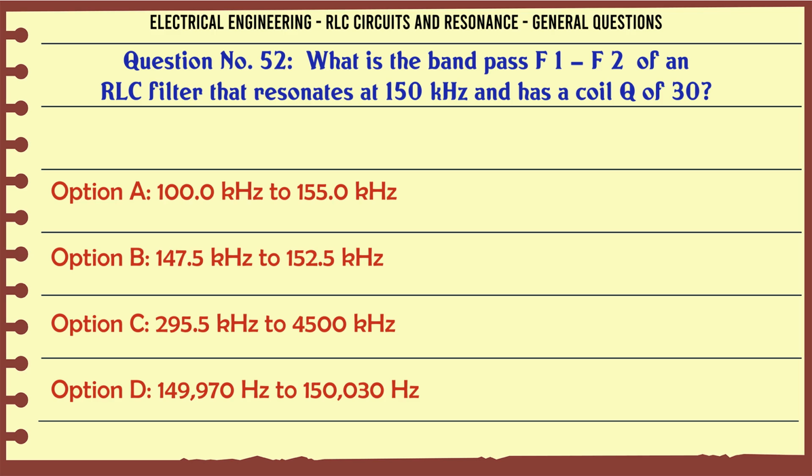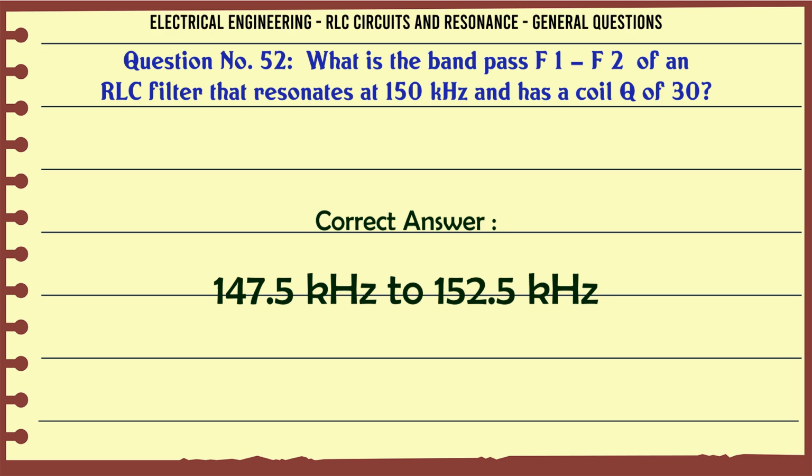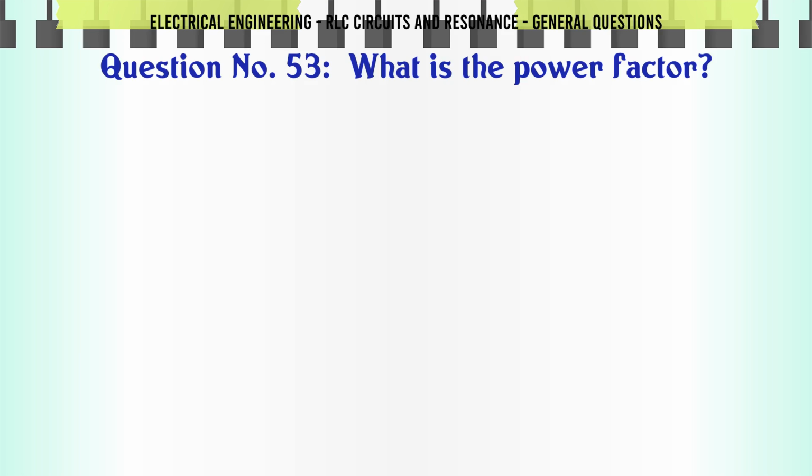C. 295.5 kHz to 4500 kHz. D. 149,970 Hz to 150,030 Hz. The correct answer is 147.5 kHz to 152.5 kHz. What is the power factor?